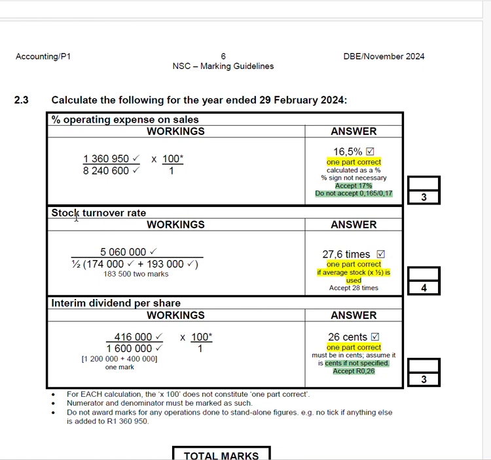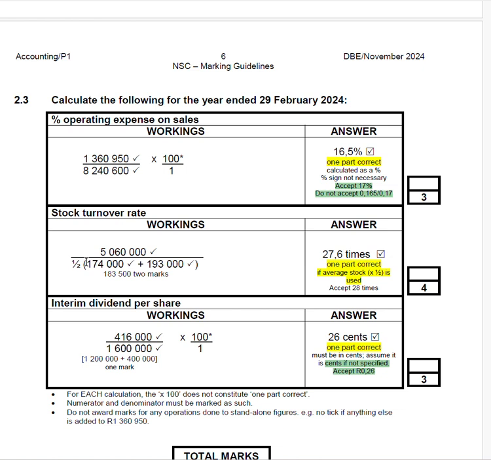The second one is the stock turnover rate. How did I calculate it? It's the cost of sales, as per the statement of comprehensive income, over your closing inventory plus your opening inventory. Then you will get 183,500. You get 2 marks just for bringing in this amount straight from the statement of financial position.